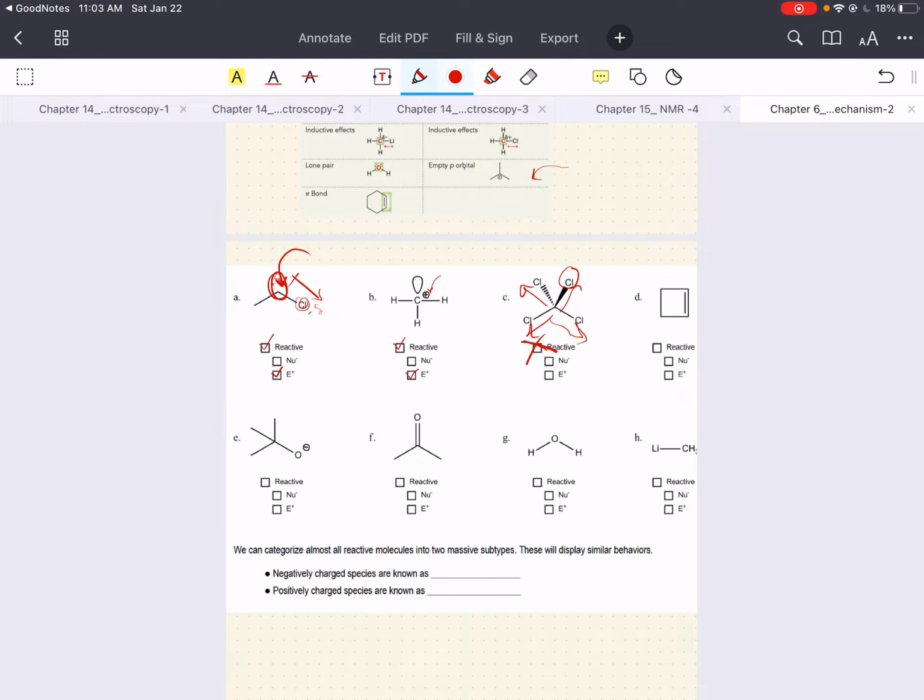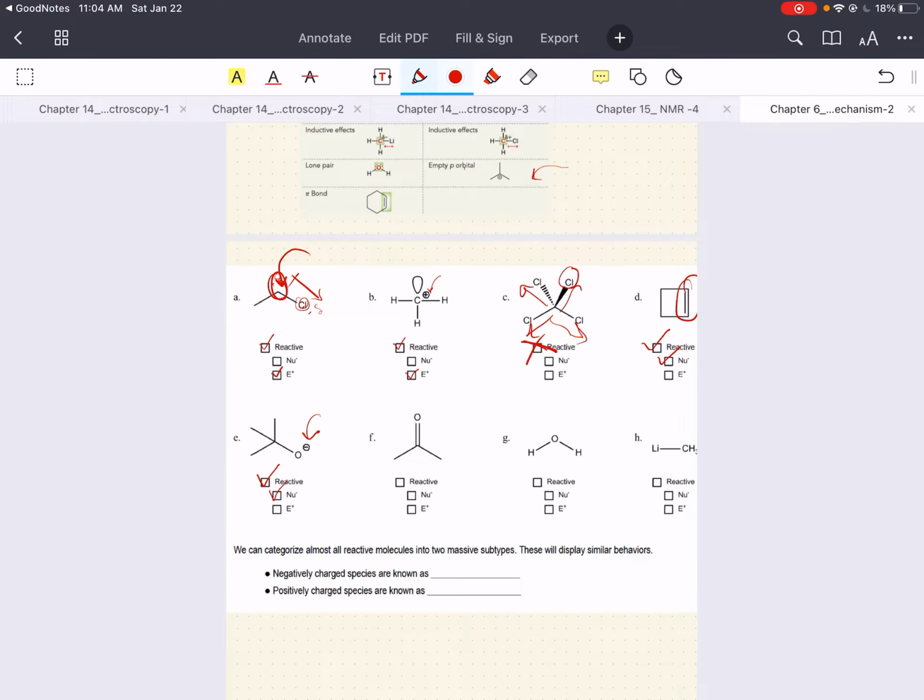Let's look at D. It has a double bond. Pi bonds are a feature of reactivity specific to nucleophiles. Looking at E, there is a negative charge, and lone pairs right there, quite a few of them. So this molecule is going to be reactive. That's a feature of a nucleophile.